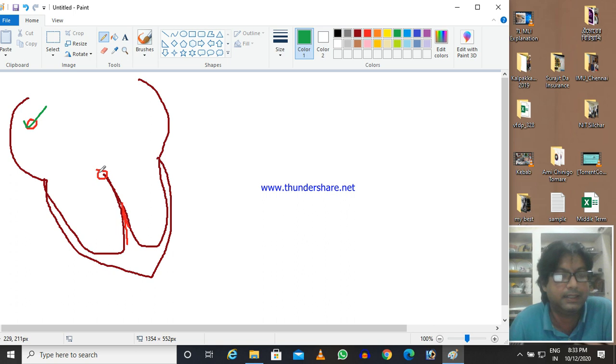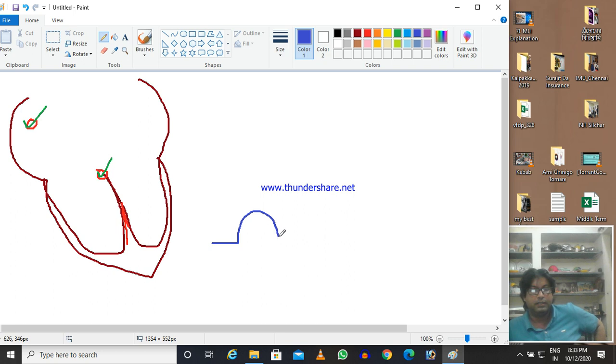After that, the pulse comes to the AV node. The pulse generated from the SA node depolarizes the cells of the atrium and reaches the AV node, generating a wave called the P wave in the ECG.